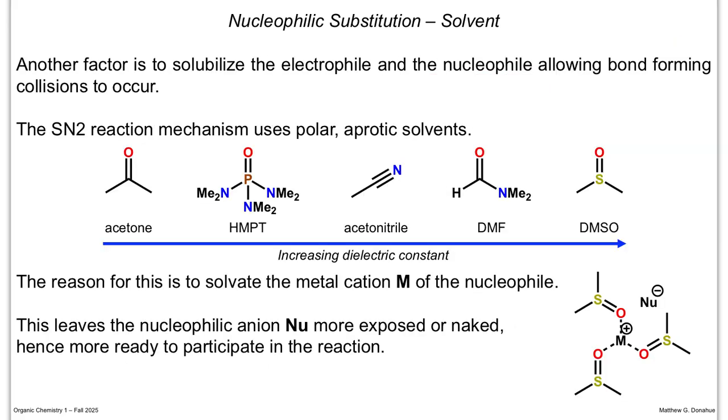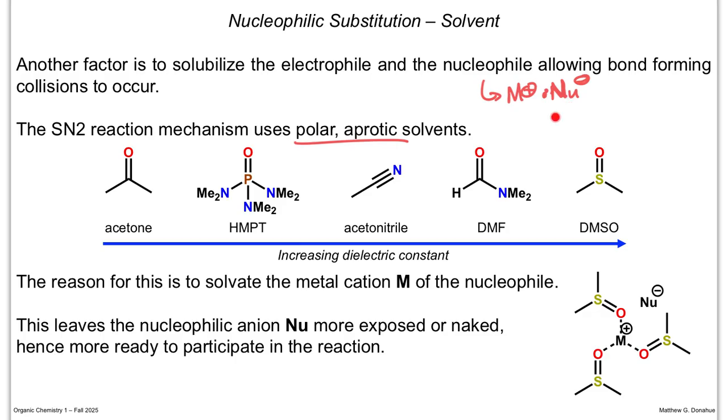So why are these polar and aprotic, specifically the aprotic part? The stronger nucleophiles will typically be of this form where you have some metal cation and then an anion that's negatively charged. So that's ionic.